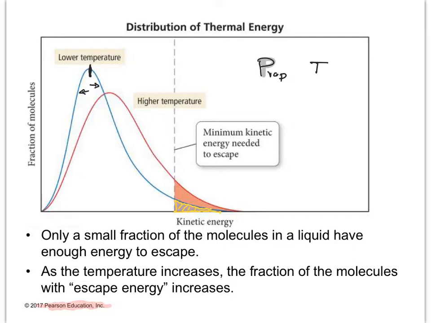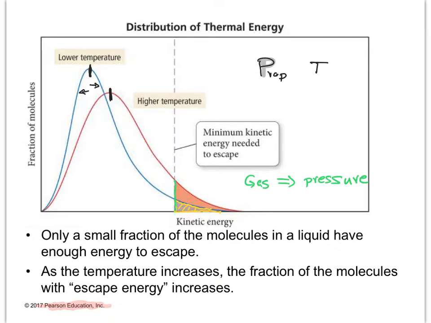And once they enter the gas phase, molecules exert a pressure. That pressure is the vapor pressure. Okay? And if we raise the temperature, then the average kinetic energy of the molecules in the liquid goes up.